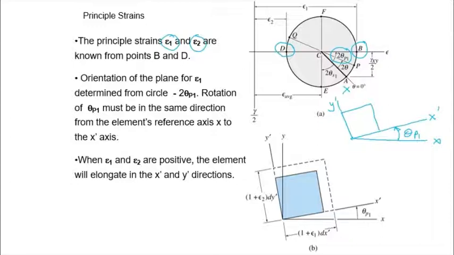When both strain 1 and strain 2 are positive, then both sides will elongate as shown in figure B. So we have elongation. Over here is strain 1 dx prime. And over here, the elongation is strain 2 dy prime.